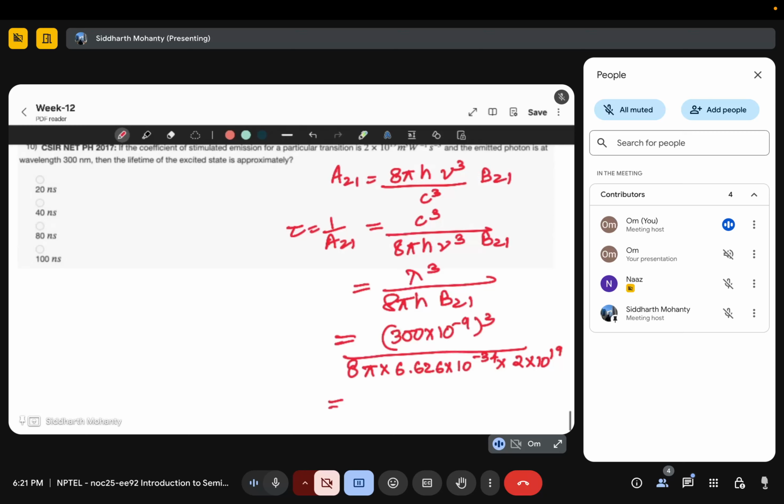If you solve this, you get 81 into 10 to the power minus 9 second, which is around 80 nanoseconds. The answer is option C, 80 nanoseconds.